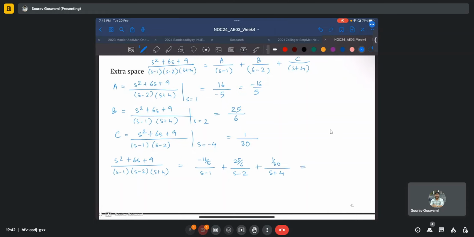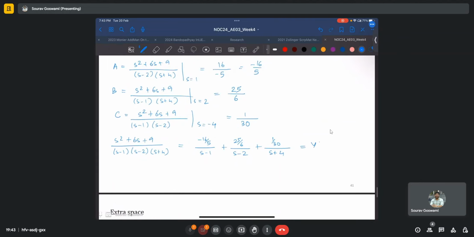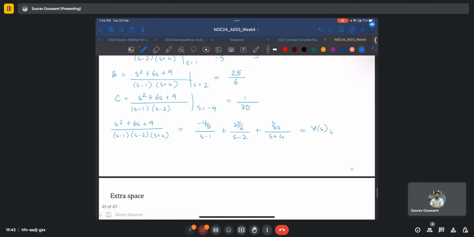And this of course was Y of s. Once we have the algebraic solution for Y of s, we simply apply the inverse Laplace transform to obtain the solution to our given initial value problem.